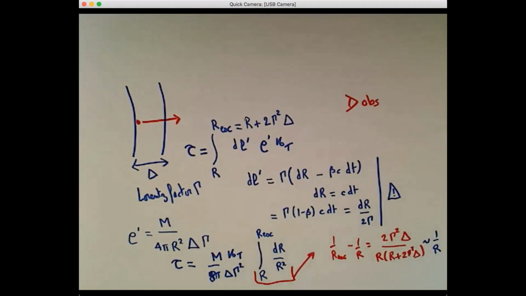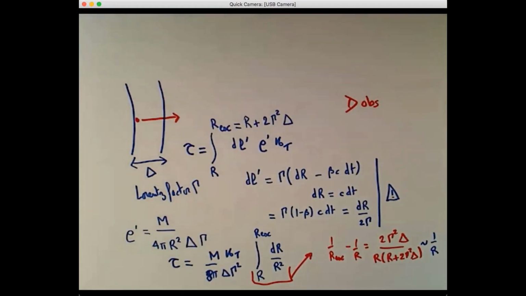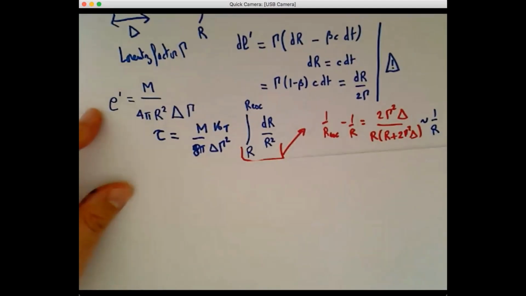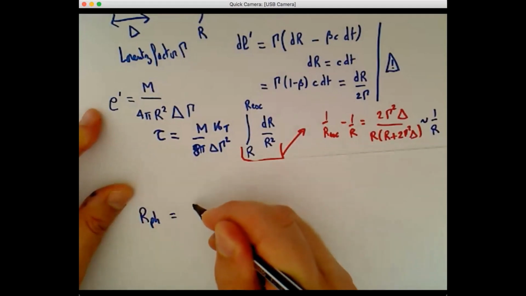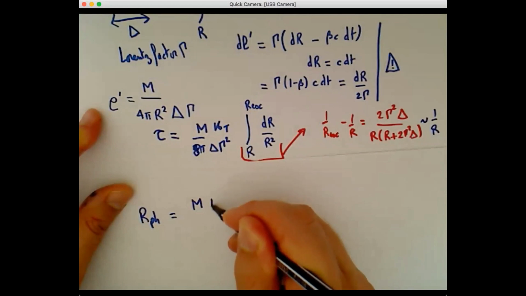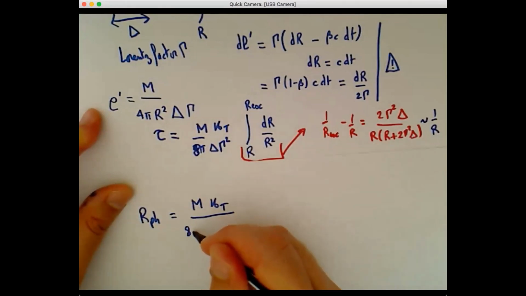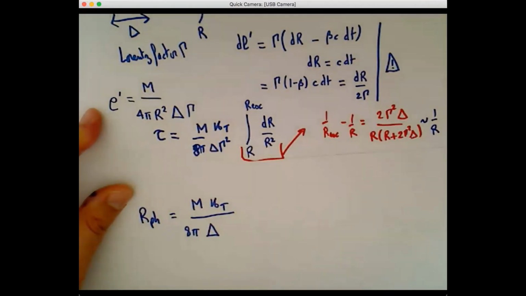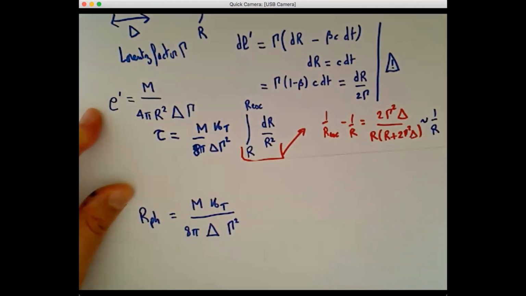So in this case, it's very easy to estimate the photospheric radius. The photospheric radius is given by the mass of the layer times the Thomson opacity divided by 8 pi, the width of my layer, and the Lorentz factor squared.